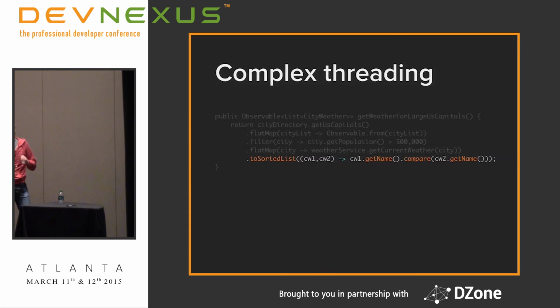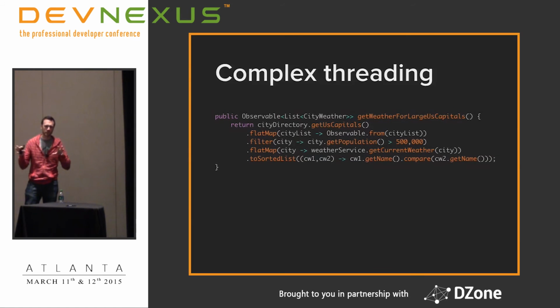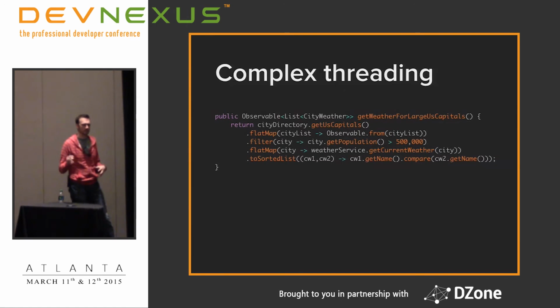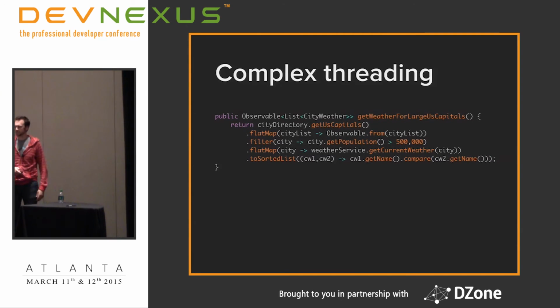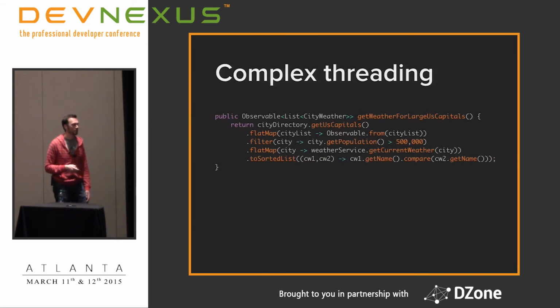If we were to write code to do this, it would get fairly complex. We'd have to create an executor thread pool and synchronize all the different threads, joining them coming back and making sure we're waiting on everything right. And what if something goes wrong on one of those threads? This is just a great way to achieve some complex things and also have the code be easy to read and easy to modify.